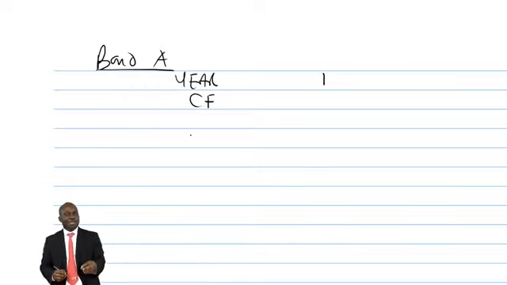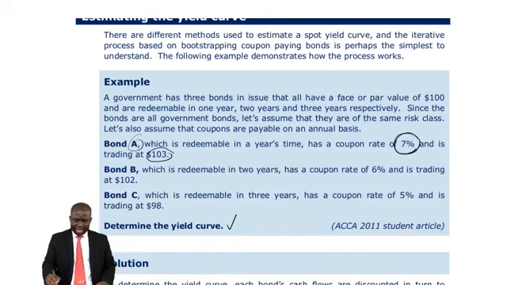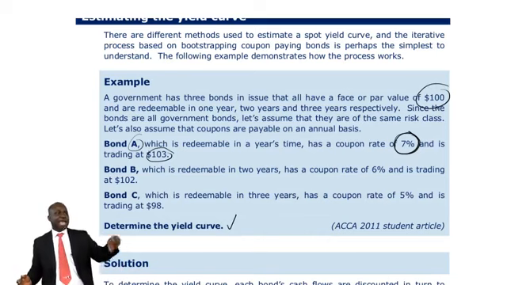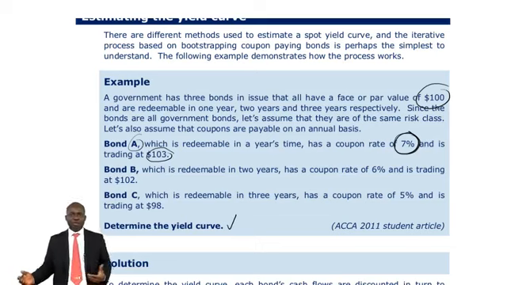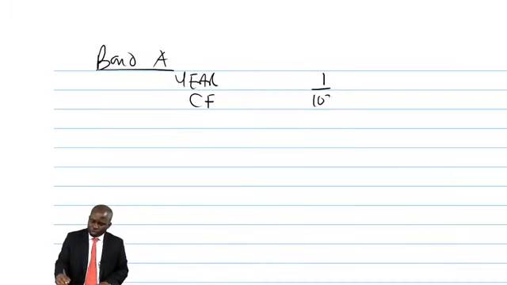I would have to get the interest plus the redemption value because everything is happening in only 1 year. The interest rate on bond A is 7%. Nominal value is 100. 7% of 100 is 7. And when I get the 7, I will also redeem it at the end of year 1, which will be 100. So in year 1, I will get cash flows of 107.